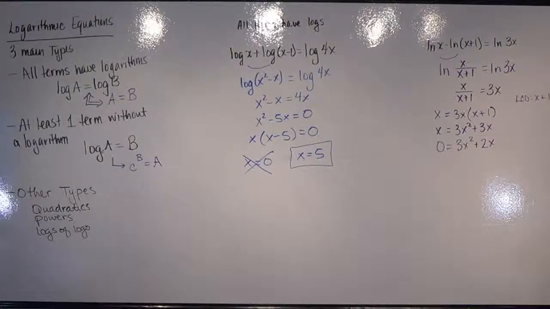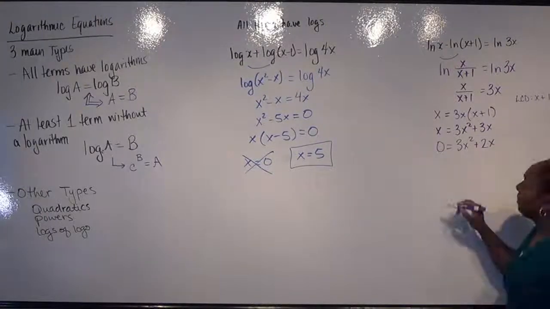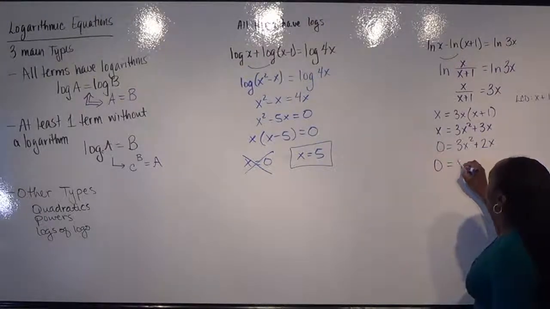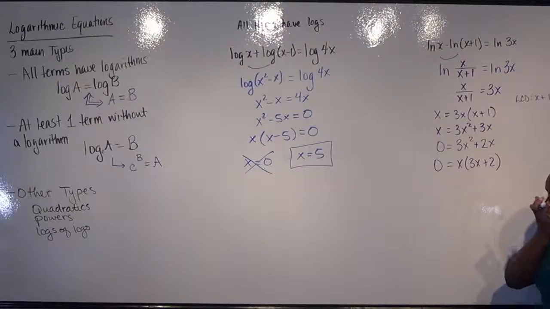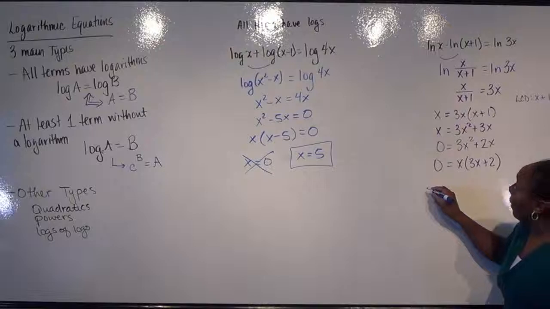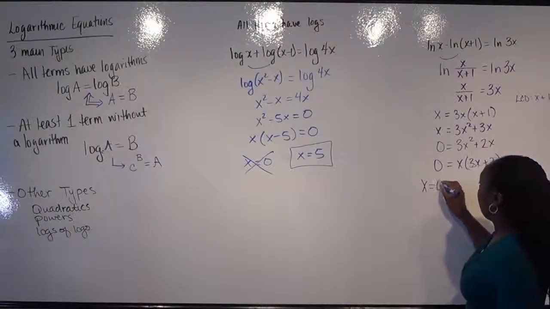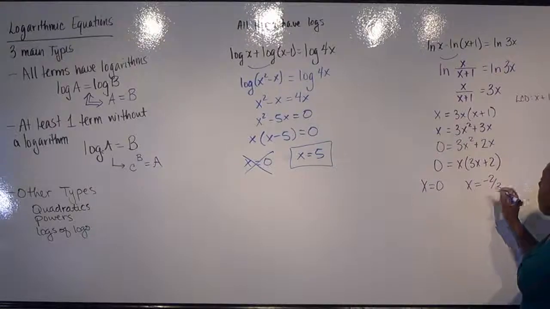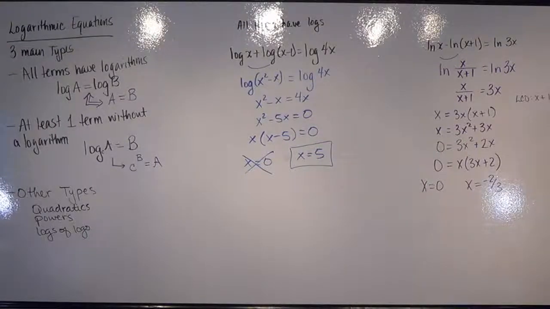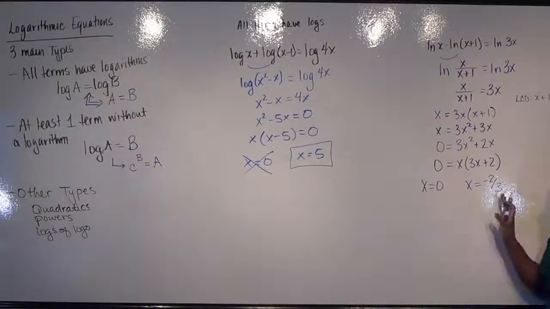Now I can factor. So we see that x will equal 0 or x will equal negative 2/3. Again, same thing. I'm not done at this point.